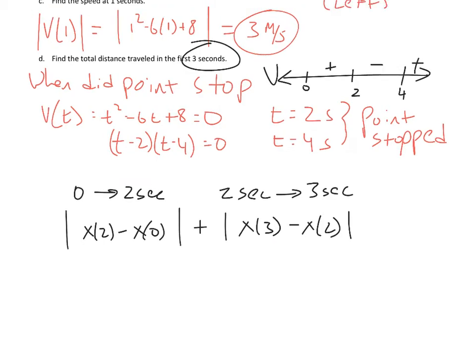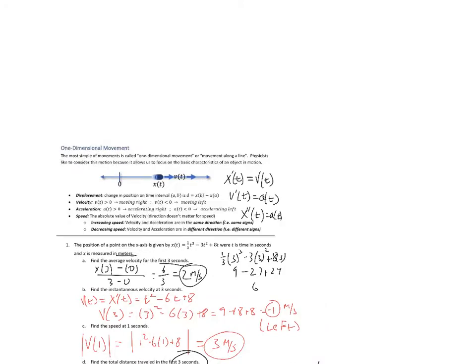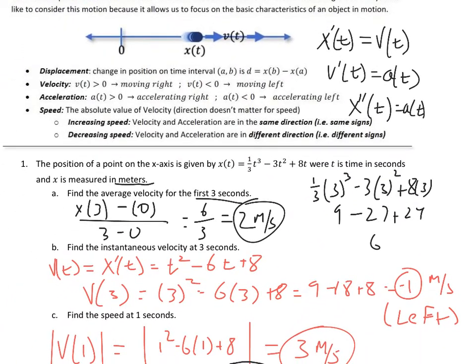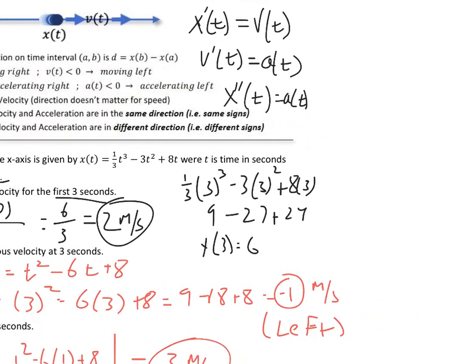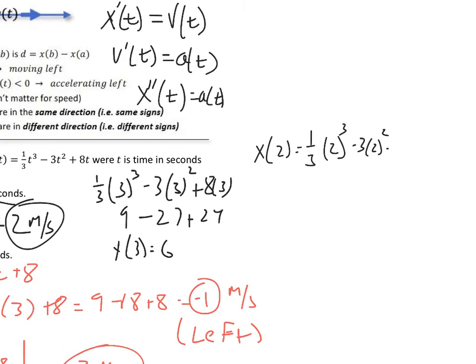All right. And so, what did we find up here? We found x of 3 was 6. We need to find x of 2. Well, what is x of 2? That's 1/3 times 2 cubed minus 3 times 2 squared minus 8 times 2. That's looking a little ugly. That's 8/3 minus 12 minus 16, I think. That's not very pretty. So minus 28.